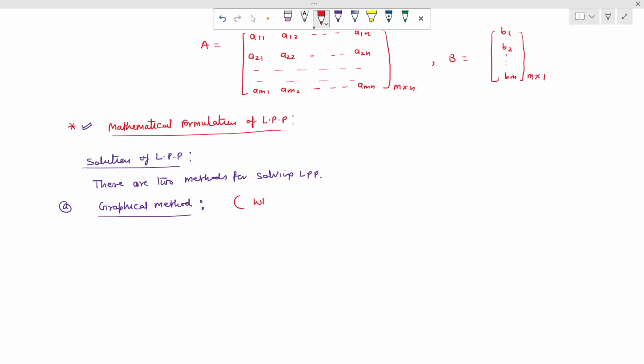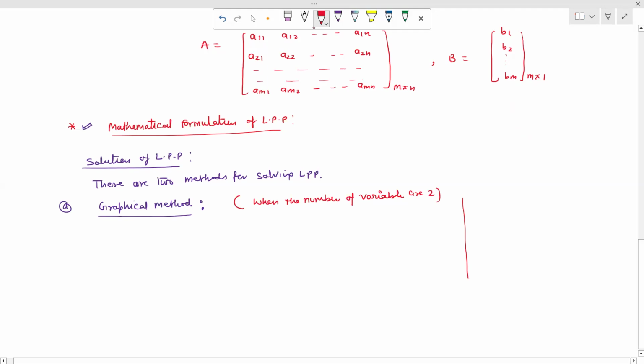When the number of variables is 2, because we have two dimensions, that means one is the x-axis, second is the y-axis. This is our first quadrant, that is the positive quadrant.